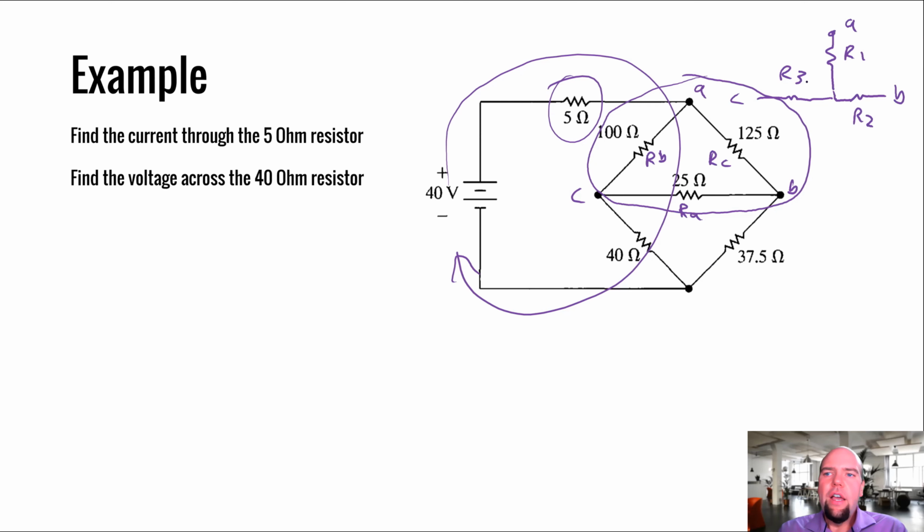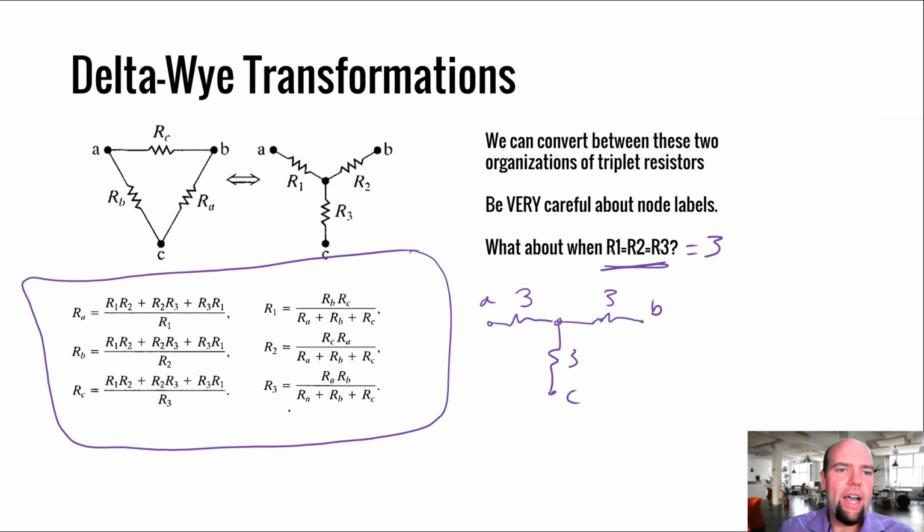Okay. So we're going from a delta to a Y, so we are going to use these equations here. So R1, now the first thing to note is the denominator here is the same for all of these. So before we start plugging in numbers, let's get this one out of the way first.